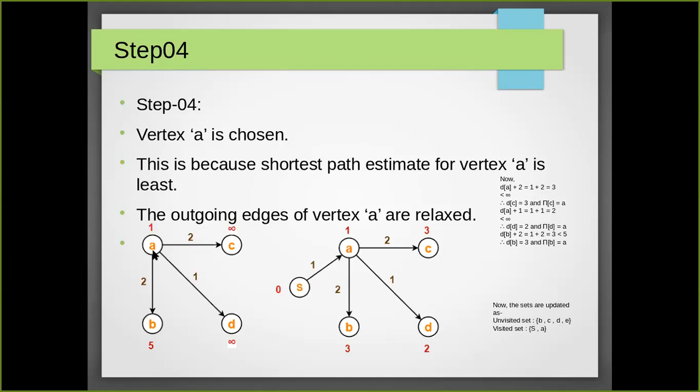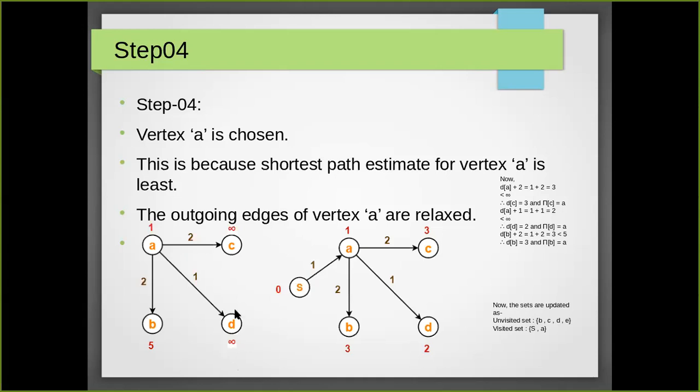Distance of C was equal to infinity. Now A is advertising a cost of 1 to source. So we add the link cost: 2 is the link cost, plus 1 which is getting advertised, giving a total cost of 3. So dC, prior it was infinity, now gets updated to 3.